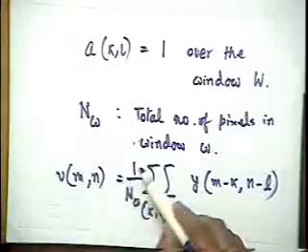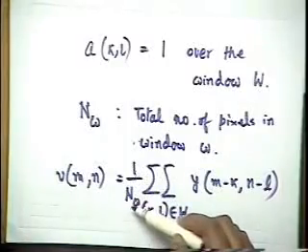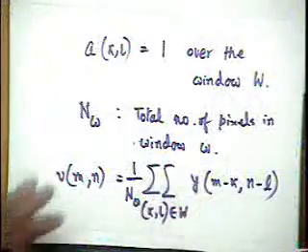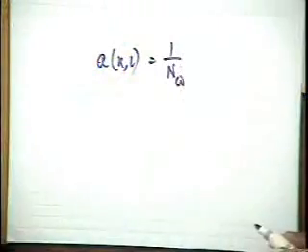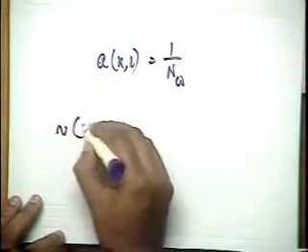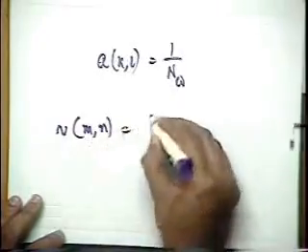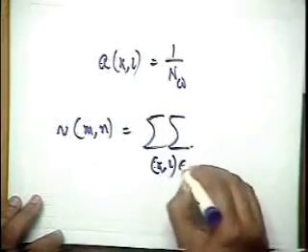Or I could have considered it this way: instead of dividing this entire summation by NW, I could have considered AKL itself equal to 1 by NW. If I had done that, then simply I could have written V of Mn equal to summation over KL belonging to W of AKL.